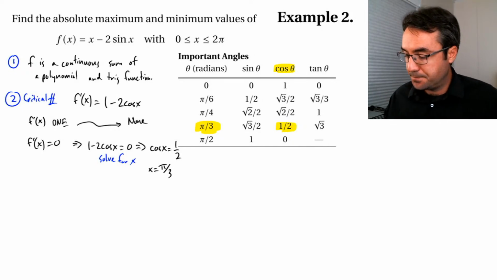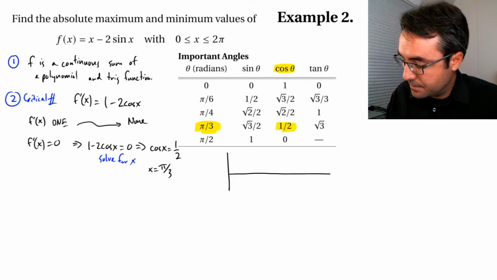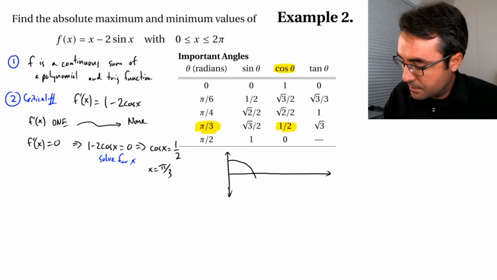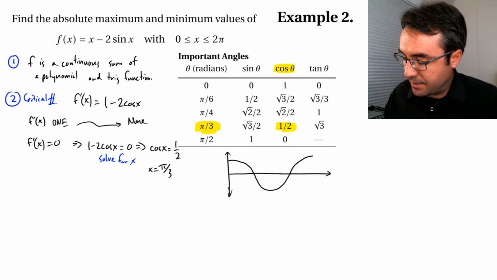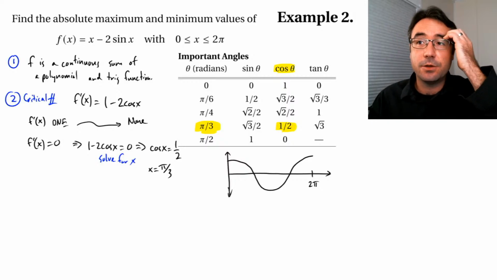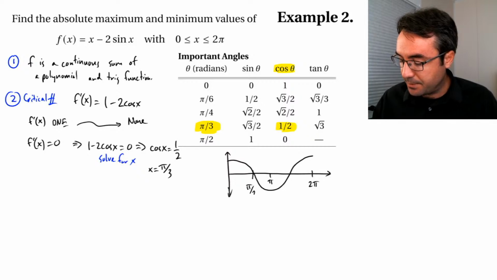Now if we were to graph cosine x, what does the graph look like? Well, it looks something like this. It goes through one full cycle between 0 and 2 pi, hits its low point at pi, and crosses the x-axis at pi over 2 and 3 pi over 2.